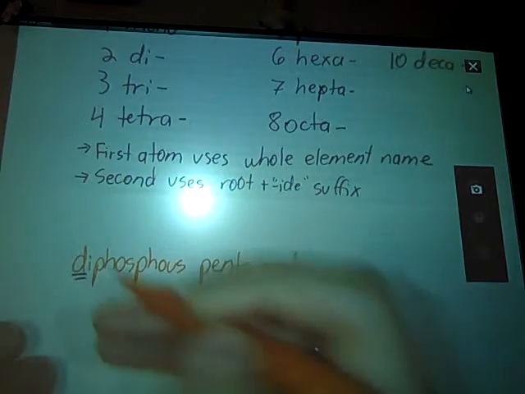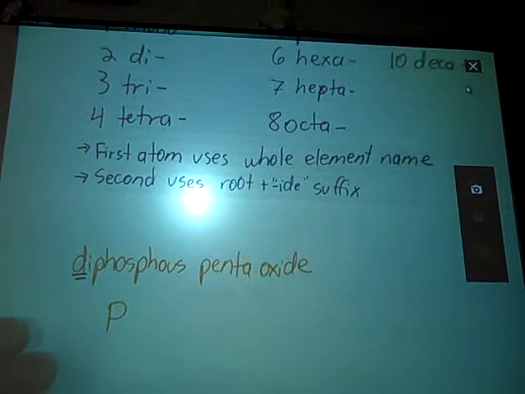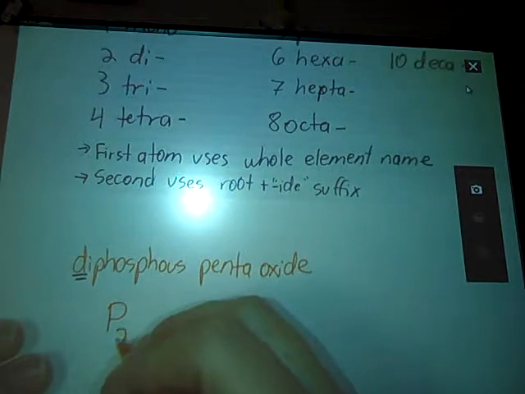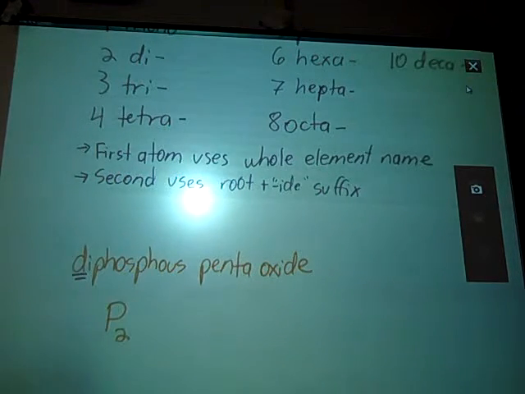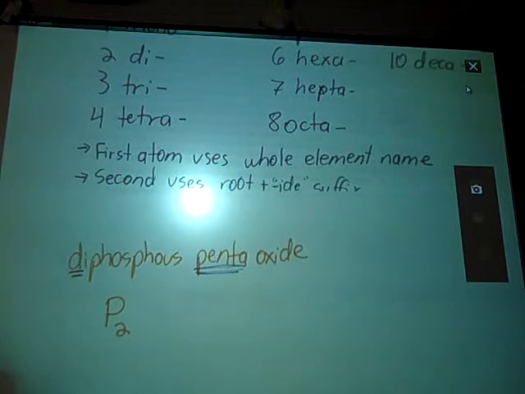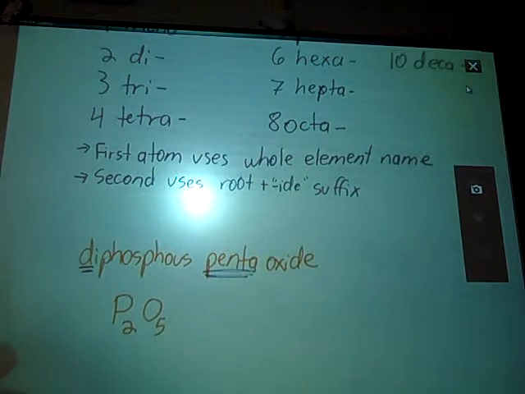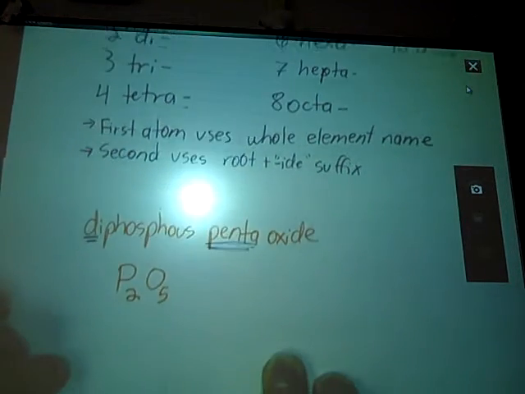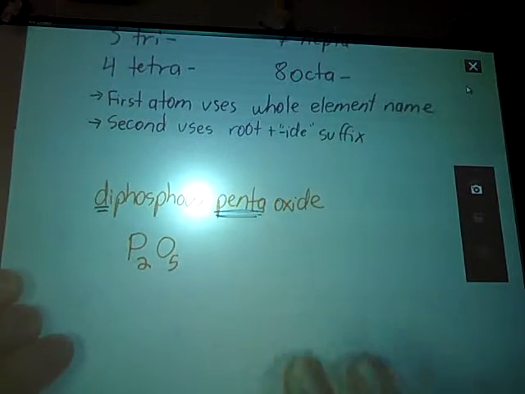Diphosphorus tells me my first element is a P. That is the symbol for phosphorus. Di tells me I have 2 of them. On to my second element. Oxide tells me it's an O. Penta tells me I have 5 of them. No parentheses, no math, no muss, no fuss. Ta-da, there she is.